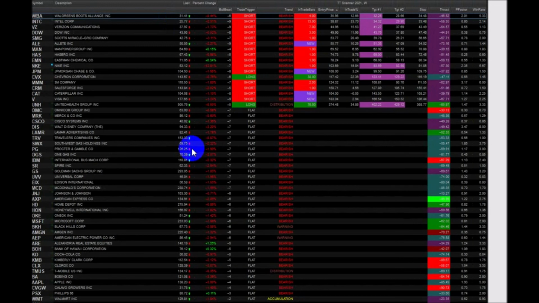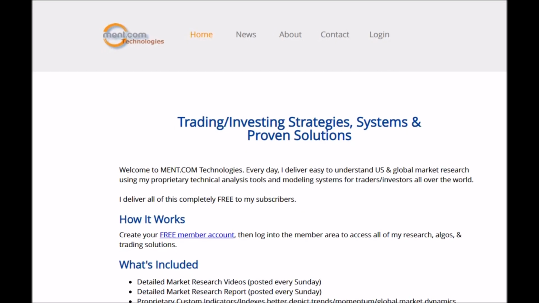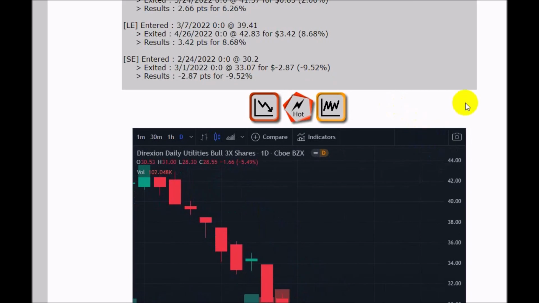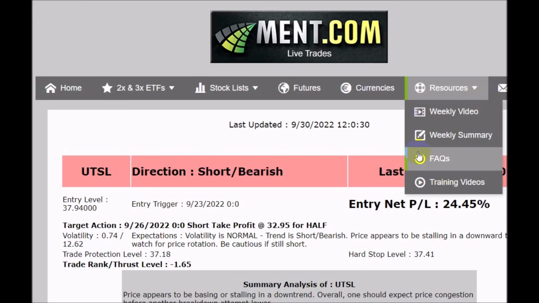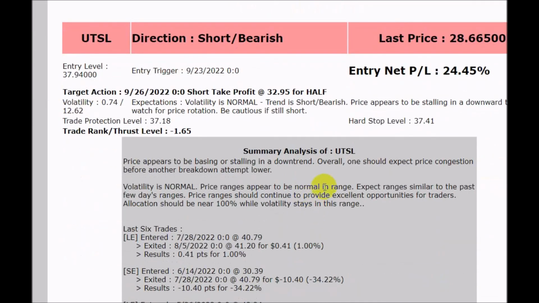The TTScanner is for weekly trading, catching weekly swing trades, which allows you to catch some very big moves very easily and very consistently. And then beyond that, if you want even more activity and action, you should be back over here using the live trades system to try to catch and trade the short-term daily trades.